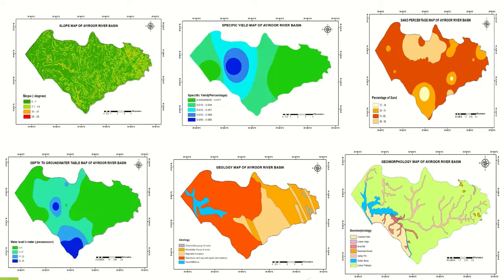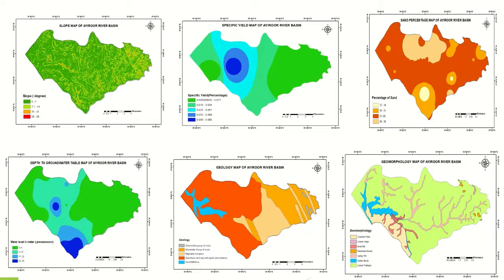68 percent range. And for depth to groundwater table, here I chose pre-monsoon data, and two regions show the highest water level, which ranges from 23 to 29 meters.